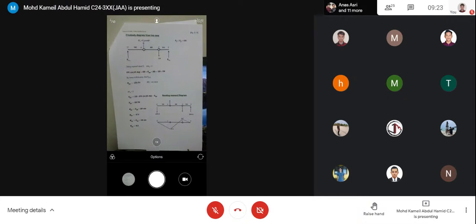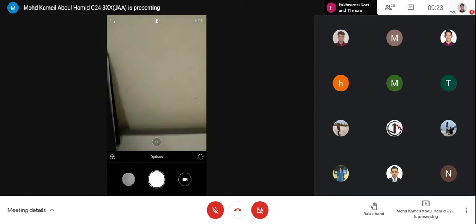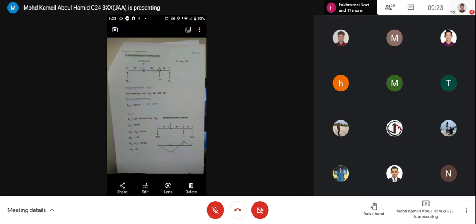Okay, this is the free body diagram. Okay, from top view. Okay, top view. You can consider top view punya plane. Okay, then solve for reaction ROZ, okay, ROZ dan REZ.